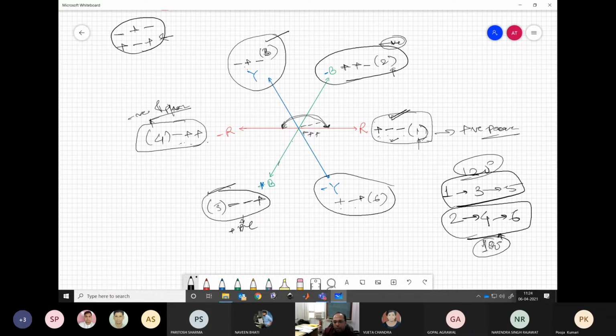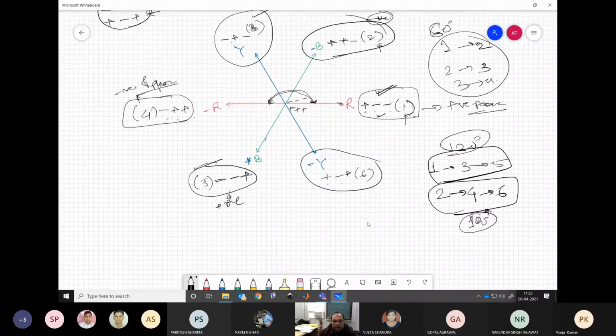One more very obvious observation is that 1, 2, similarly 2, 3, then 3, 4, all these are 60 degrees apart. So the next vector is 60 degrees apart from the previous one. These are some of the observations which we are going to use in our synthesis.